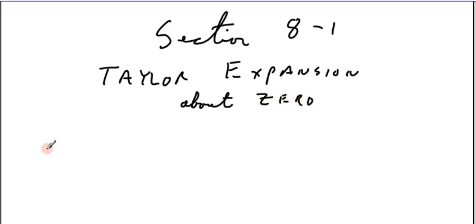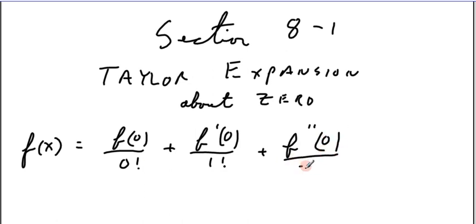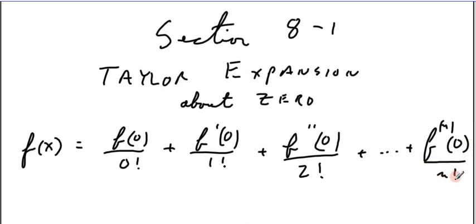The Taylor expansion says that any function, doesn't matter what it is, I can turn into a series expansion. F of x will be f of 0 divided by 0 factorial, which is 1, plus f prime of 0 divided by 1 factorial x, plus f double prime at 0 divided by 2 factorial x squared, plus out to f n prime of 0 divided by n factorial x to the n, and so on out to infinity, forever and ever.